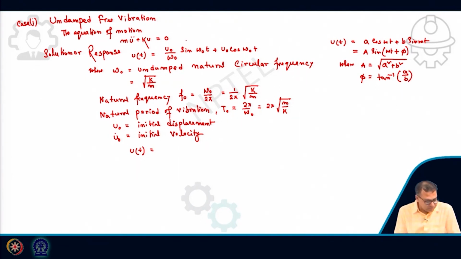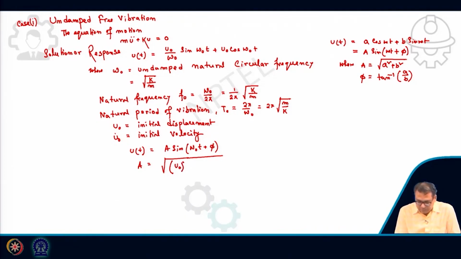Like if I convert this one, then I can write this as A sin(omega 0 t plus phi). Okay, so A will be root over A square plus B square. So this is your A and B here. This is A, this is B, because this is your cos omega 0 t.